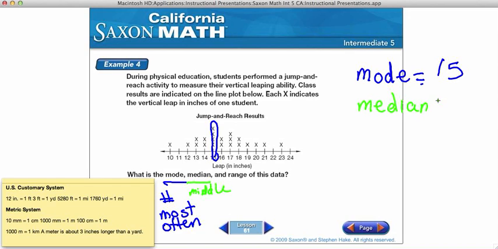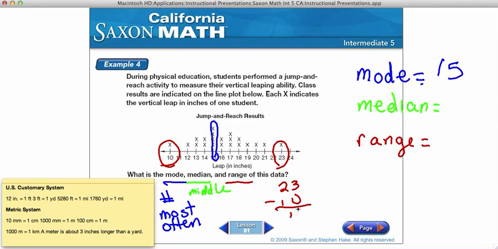And the range is the difference between the highest and the lowest. I see that my highest is 23 and my lowest is 10. So I would subtract 23 minus 10. My range is going to be 13.